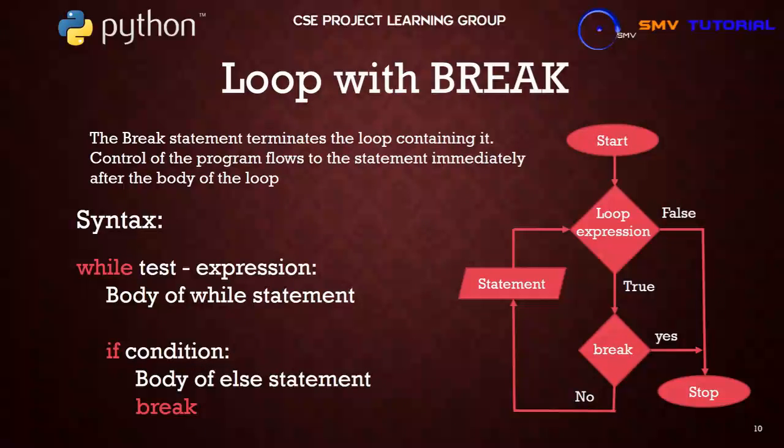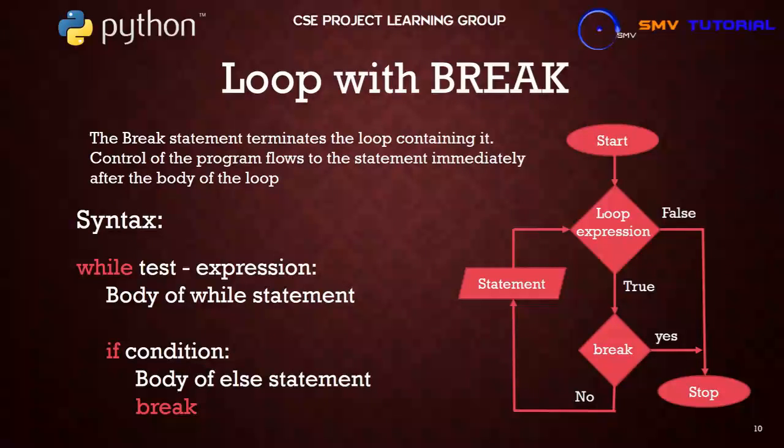The break statement terminates the loop containing it, and control of the program flow goes to the statement immediately after the body of the loop. See the syntax. For loop and while loop are both the same; I have taken the syntax for the while loop.